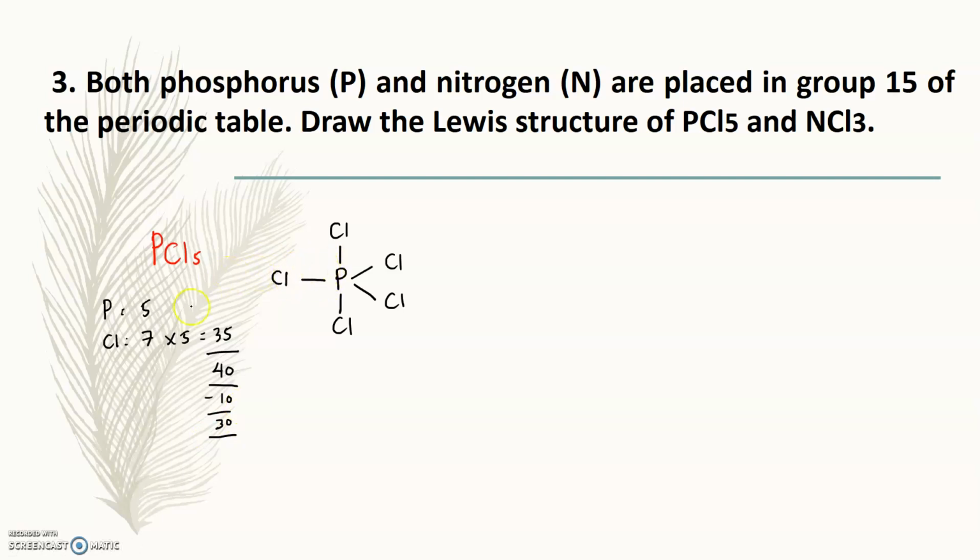Chlorine actually has 7 valence electrons; 1 has been shared with phosphorus, and the remaining are 1, 2, 3, 4, 5, 6. So each chlorine atom has 6 non-bonded electrons or 3 lone pairs.